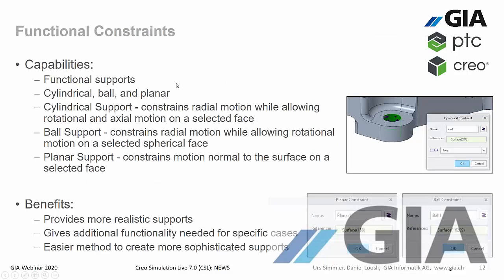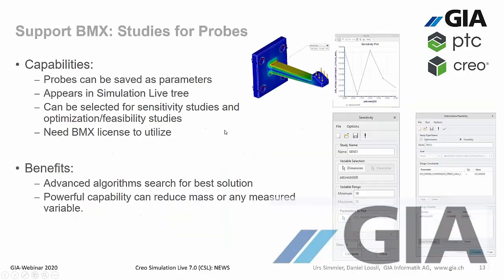By the way, we will see new constraining capabilities. As soon as you select a cylindrical object, you can create cylindrical constraints. The same with planar surfaces or other stuff here. So that's much more easy to define.